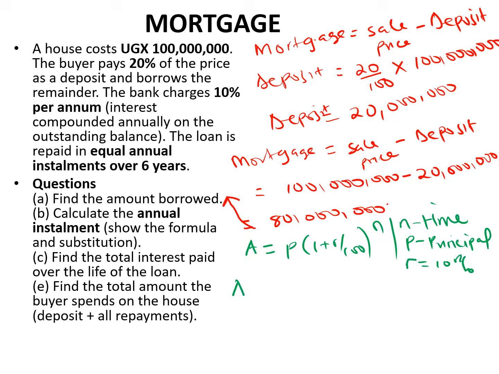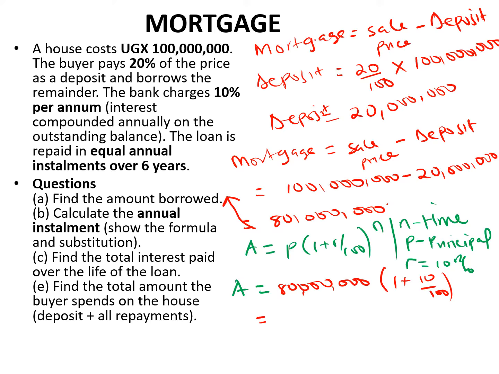So when I substitute, I get my principal, which is 80 millions, because now this is the value for the loan. So after making a deposit of 20 millions, the remaining money was to be taken as a loan. Then into 1 plus 10 out of 100, then power 6, because that will be our time.